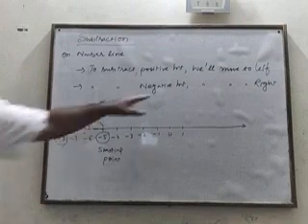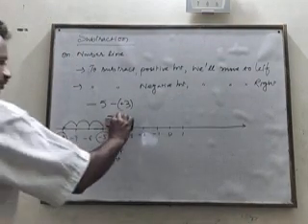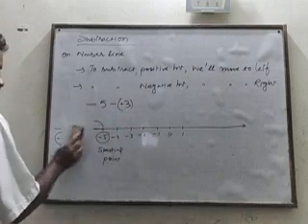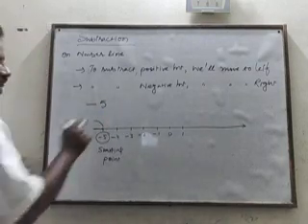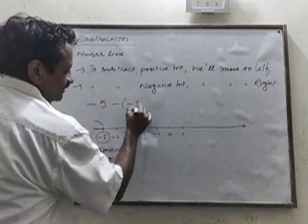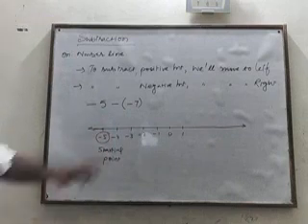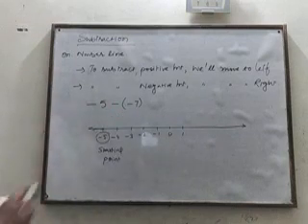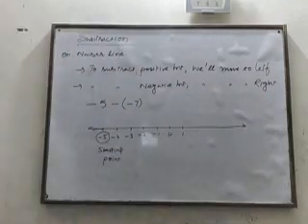And to subtract a negative integer, suppose here it is -5 minus -7. Now we are subtracting a negative integer. So to subtract a negative integer, we will go to the right.